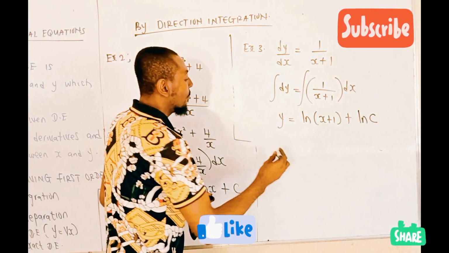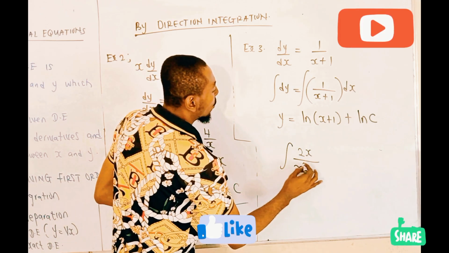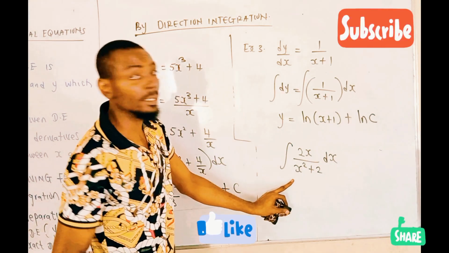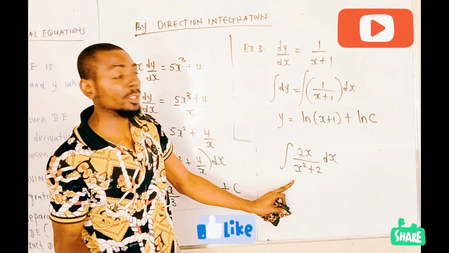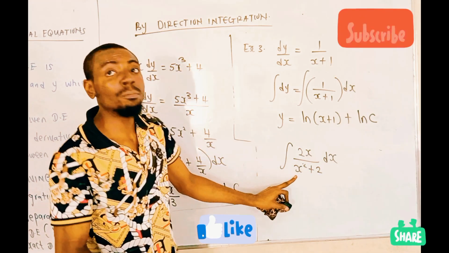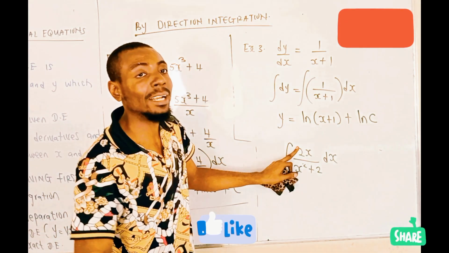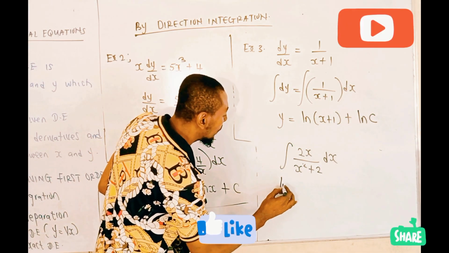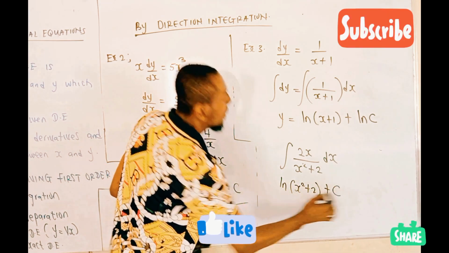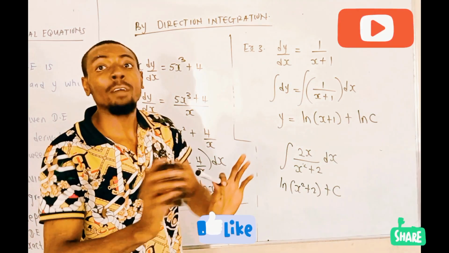So for instance, if I have integral of 2x over x squared plus 2 dx, it's a very simple thing. Just as in this case I just explained, differentiating the denominator will give me 2x, which is equally what I have up there. So what I will just write as the answer is automatic, which is ln of that denominator plus c. That's how I write. That's the cheapest way to integrate such. You just have to observe.